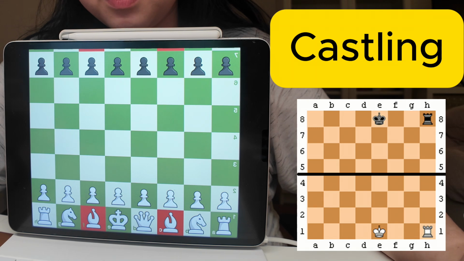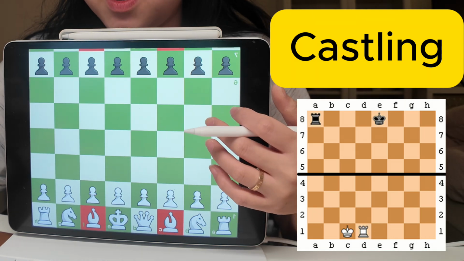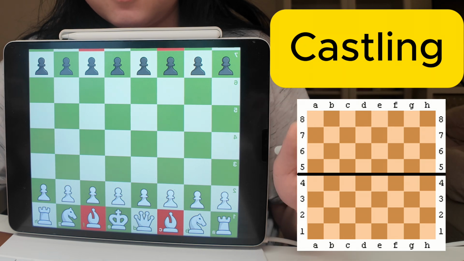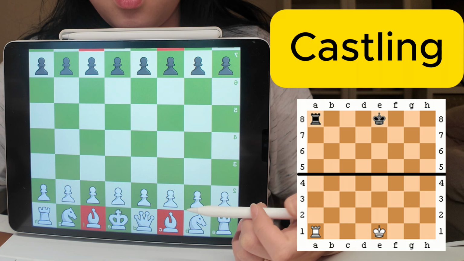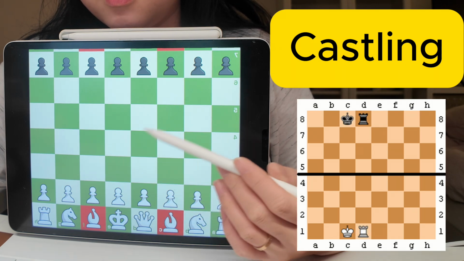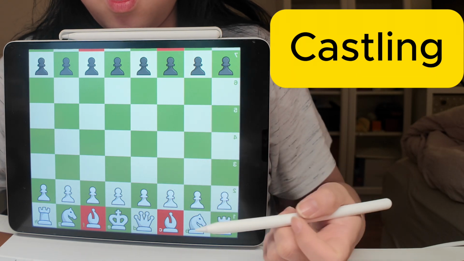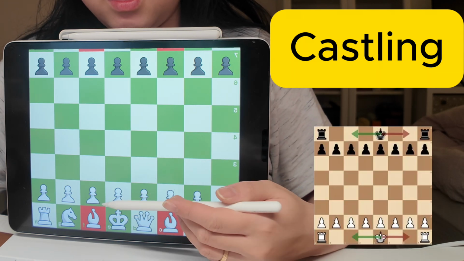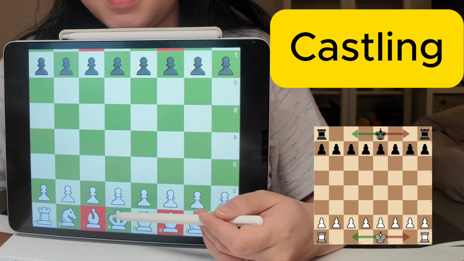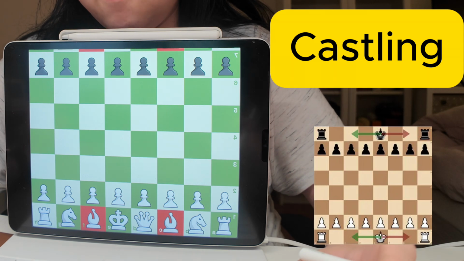The next special rule is castling. Castling is pretty special. I think it's useful in certain situations and can help you get out of being cornered. Let's say, still on this chessboard, I wish I had a better photo to show you, which I don't, that most of these pieces are gone and you're left with your king and a rook, and neither of them has moved at all.